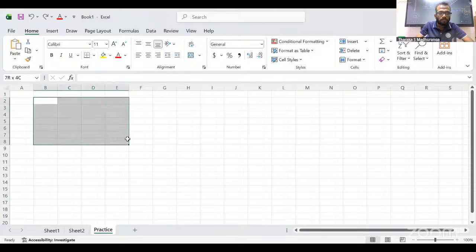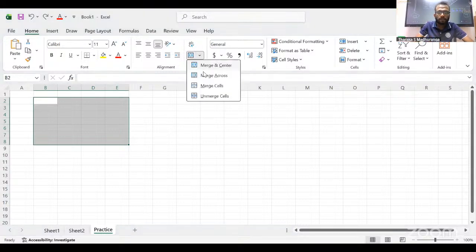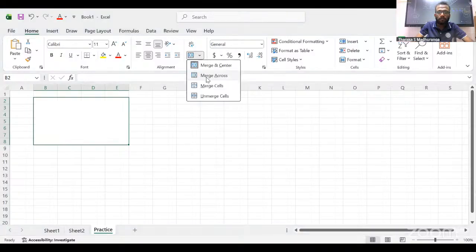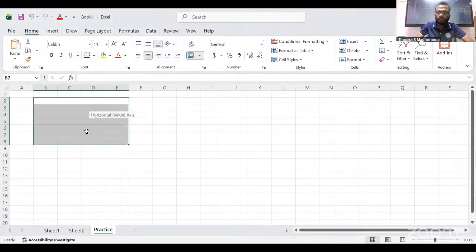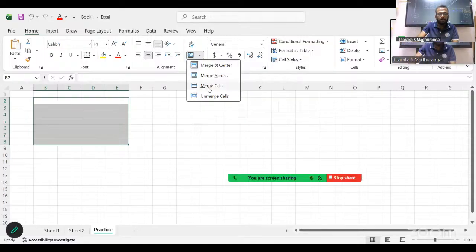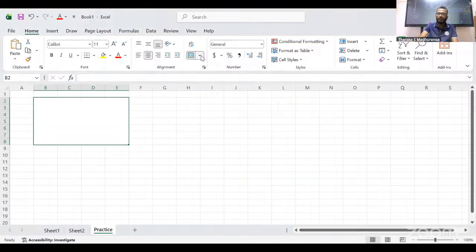Now think this is a large number of cells. If you use merge and center, all convert to a single cell. But if you use merge across, it merges line by line. That's the difference. If you want a single cell, you have to merge and center. Are you clear?